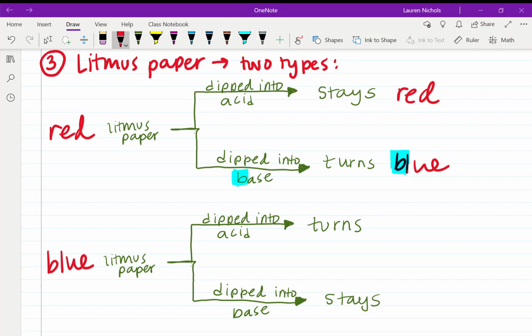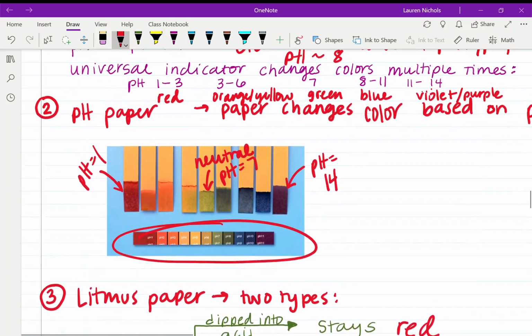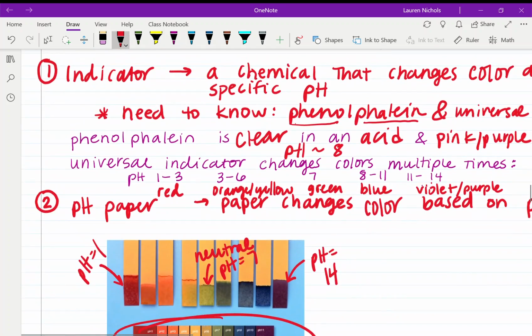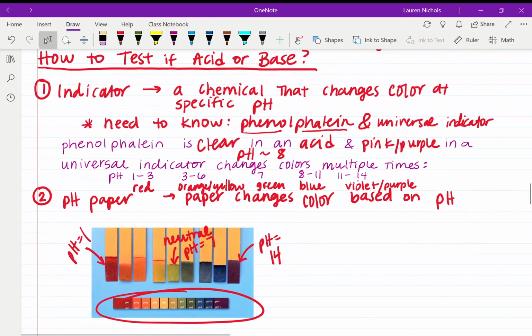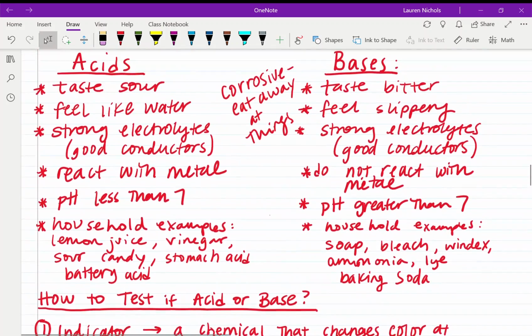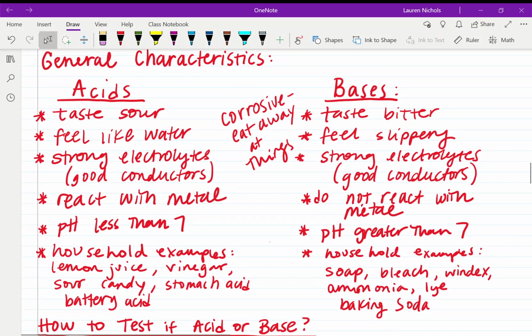Whereas blue litmus paper, when it's dipped into an acid, will turn the red color that red litmus paper stays, and blue litmus paper dipped into a base stays blue. So they are at least consistent in that way. And so these are 3 ways that you can determine if something is going to be an acid or a base, and some overall characteristics of acids and bases.